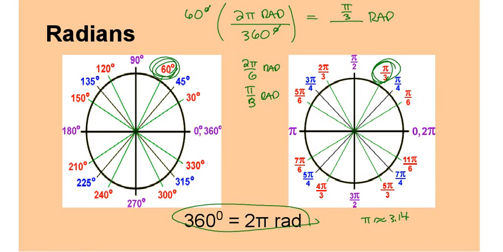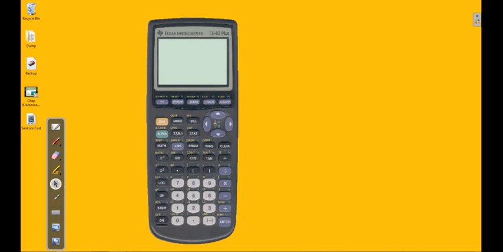If you don't need that much accuracy, then you could just on your calculator take 60 times 2 times pi divided by 360, and you'd get a number over here that would match up pretty close. Let's see what that would look like. Here is 60 times 2 times pi divided by 360, and that comes up 1.047 blah blah blah.